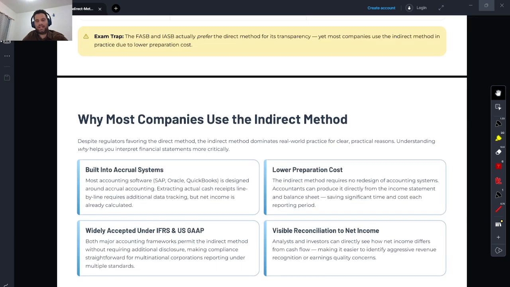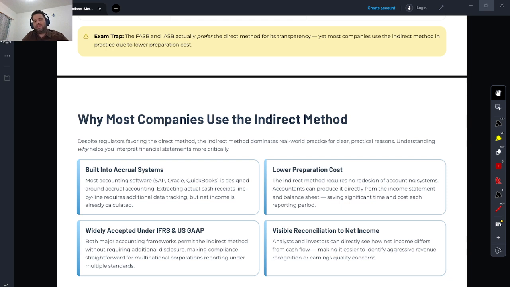So let's build on that. Why do most companies use the indirect method? There are several practical reasons why the indirect method dominates in real-world reporting. First, most accounting systems are already built around accrual accounting. Second, the indirect method can be prepared directly from the income statement and balance sheet without additional tracking systems.